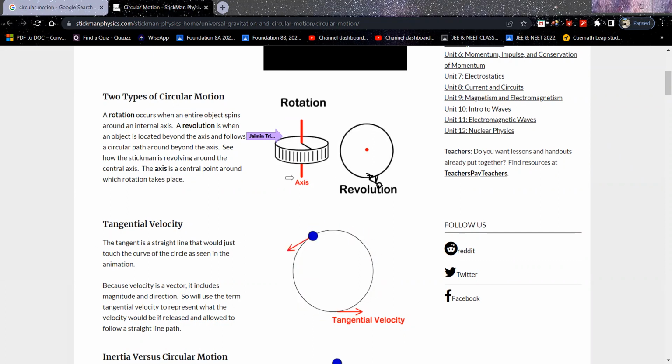In rotatory motion, we are just concerned with its axis of rotation. Can you see this? Yes, sir. Now, in circular motion, we are concerned with the circular path. See that it's making a fixed circle everywhere. Fixed distance.